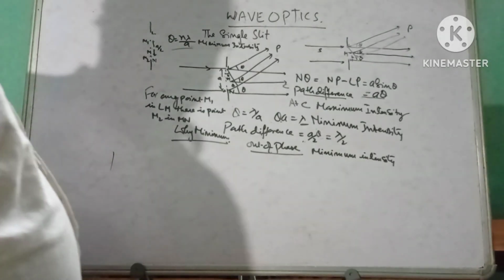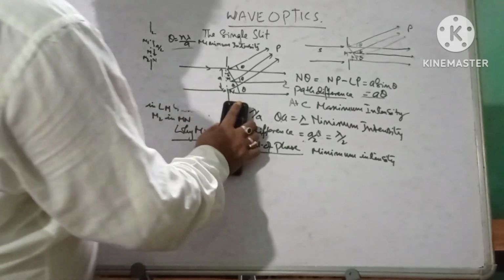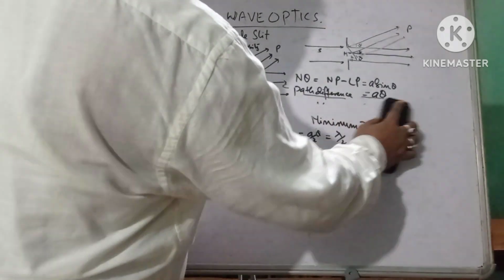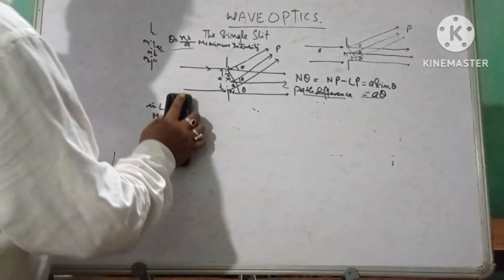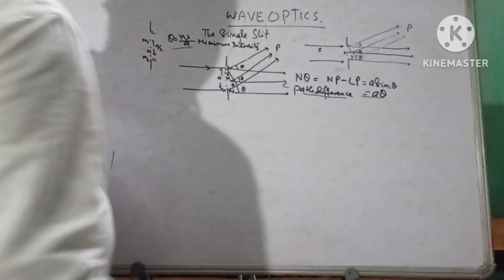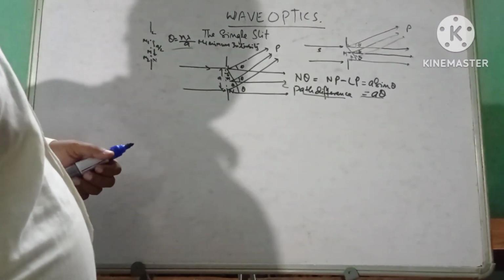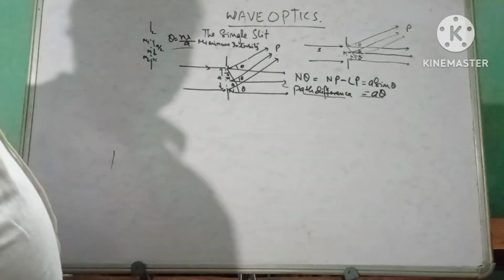Now again in your book they have considered maximum intensity. We know that at theta equal to 0, it is a maximum intensity. Now let us consider another point.